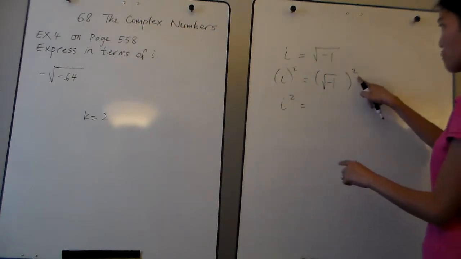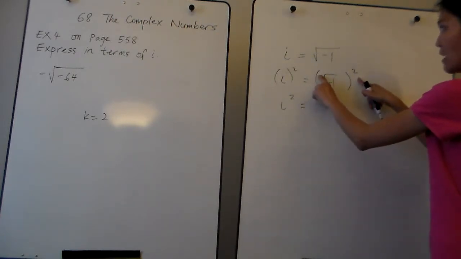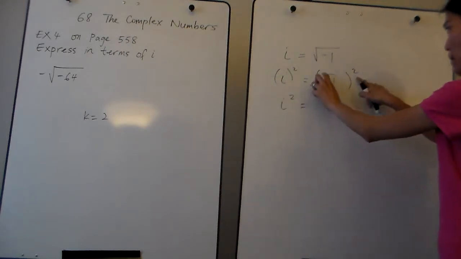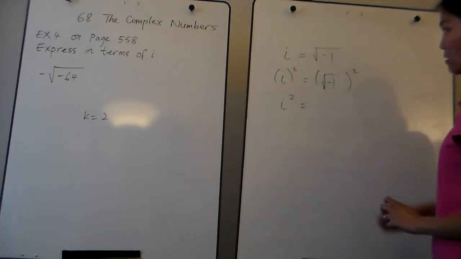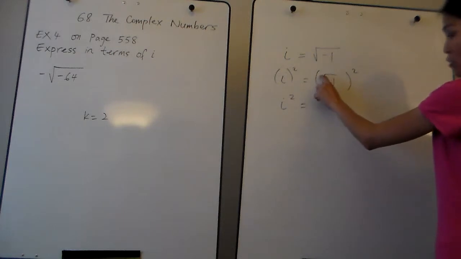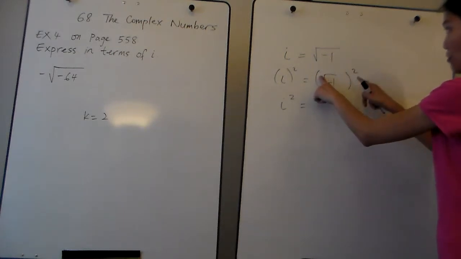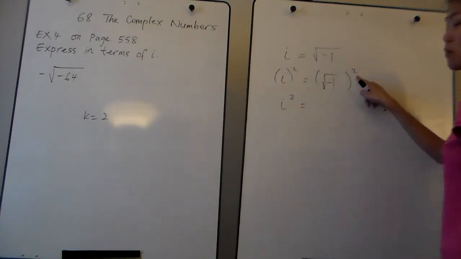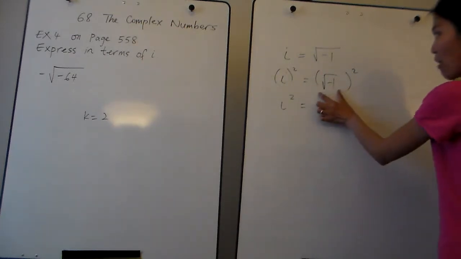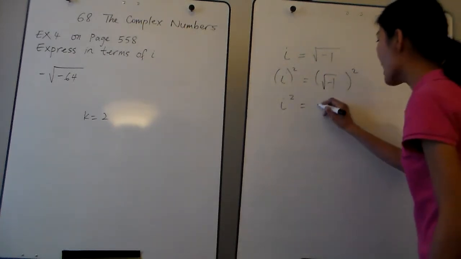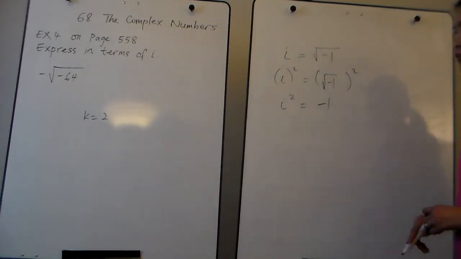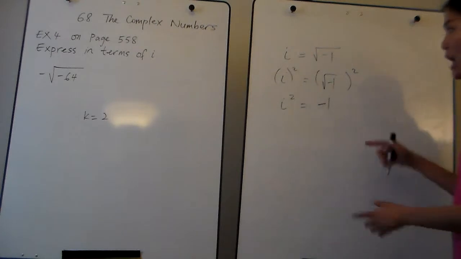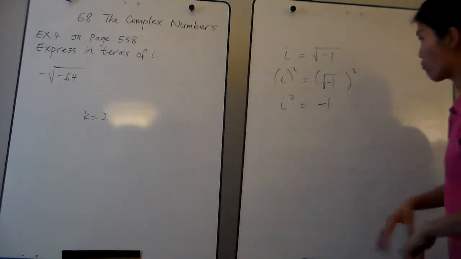Now, this exponent matches the index k equal 2 over here, and you learned in the previous sections, if they match, you can simplify this radical, because k is equal to 2 and the outer exponent is 2, they both match. That means you can simplify this radical to negative 1. So make sure you memorize and understand how to get the two formulas.